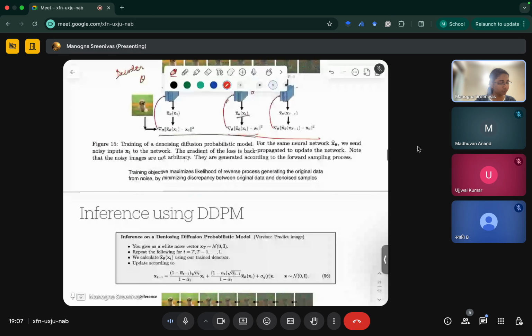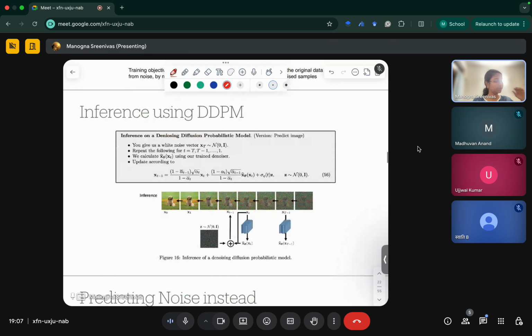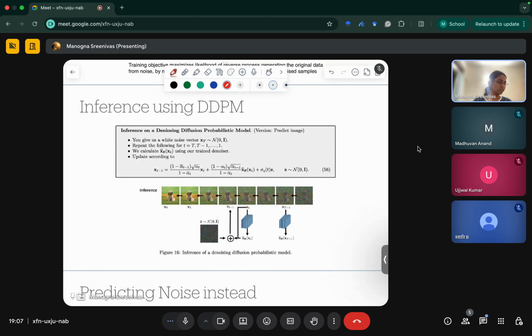So how do we do inferencing using DDPM? We start from a noisy image. So start here. Sample a noisy image.